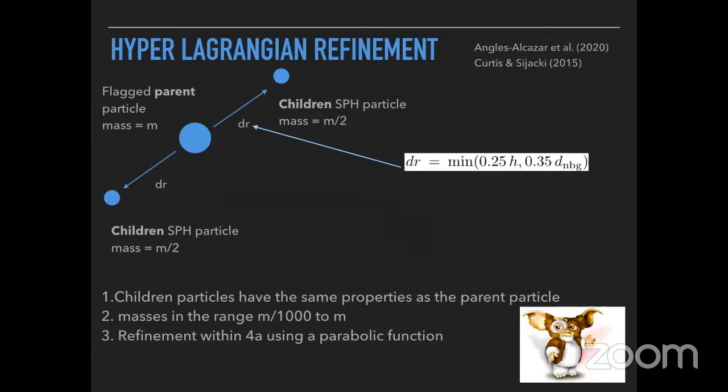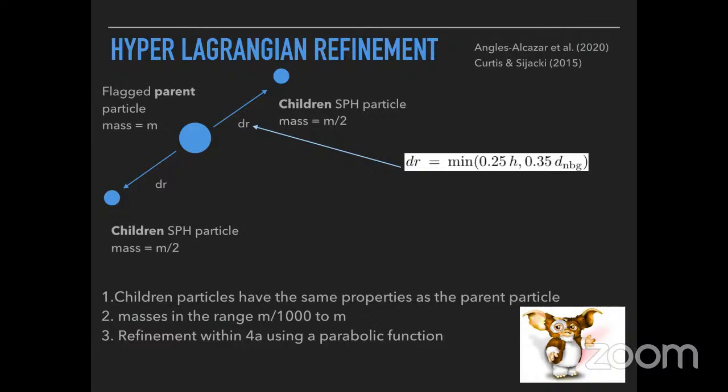So this is just to mention how this splitting technique works. You have a parent particle that is tagged for splitting according to some criteria that you can define in the code. It's split into two particles, each one with half of the mass of the parent, and the two particles inherit all the properties of the parent particle.